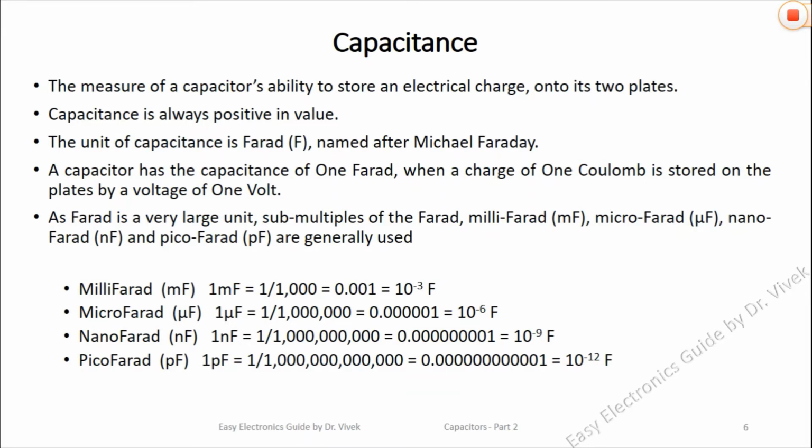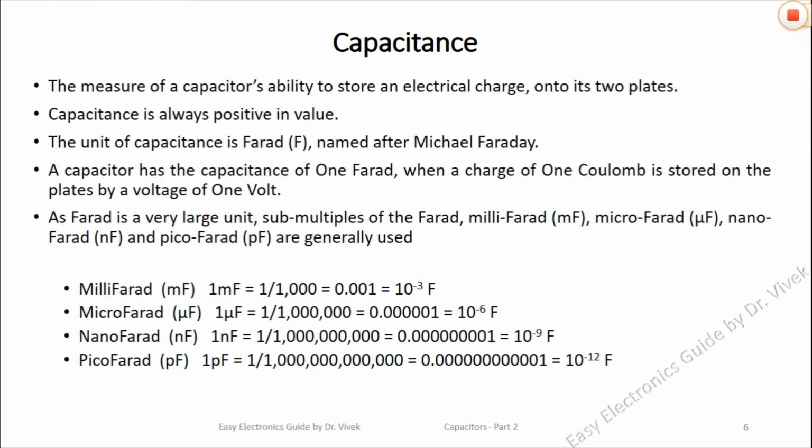Capacitance is the measure of a capacitor's ability to store an electric charge onto its plates. Capacitance is always a positive value. The unit of capacitance is farad. A capacitor has the capacitance of 1 farad when a charge of 1 coulomb is stored in the plates by a voltage of 1 volt.